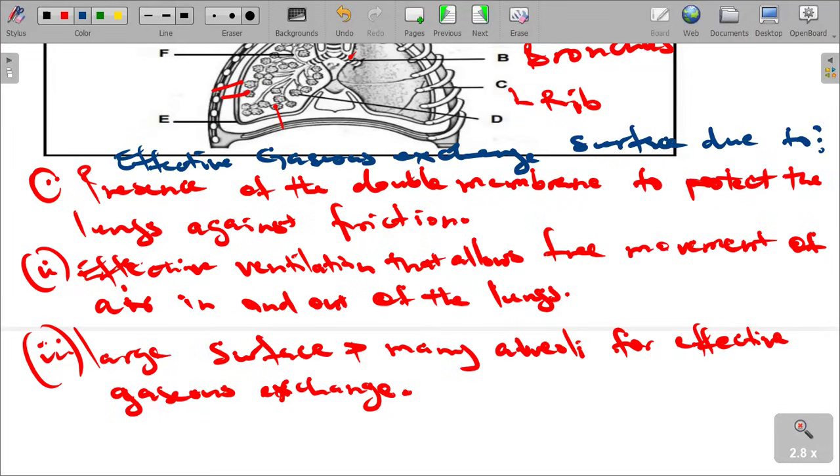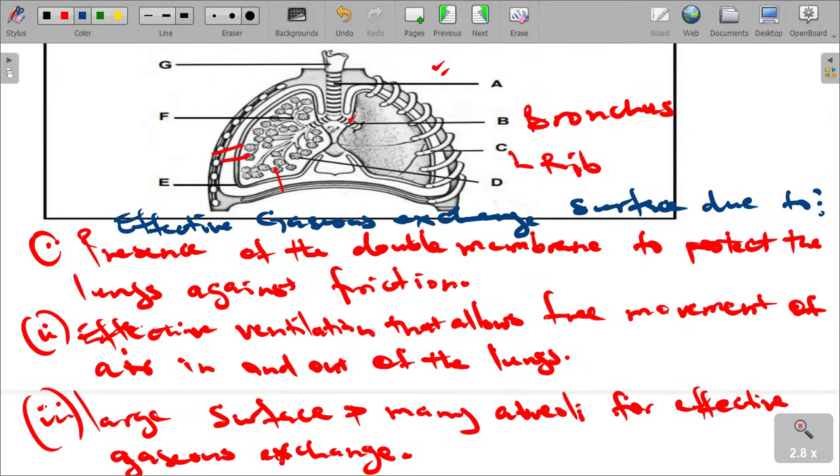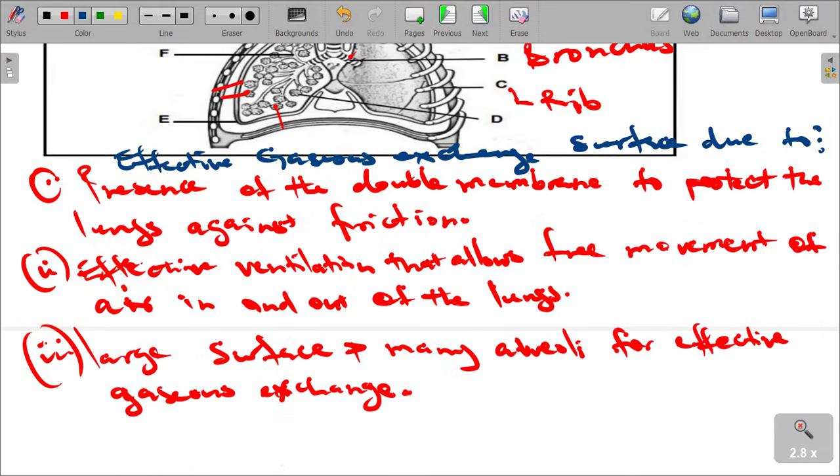So the diagram that we are seeing is an effective gaseous exchange surface because of the reasons that we can give here.